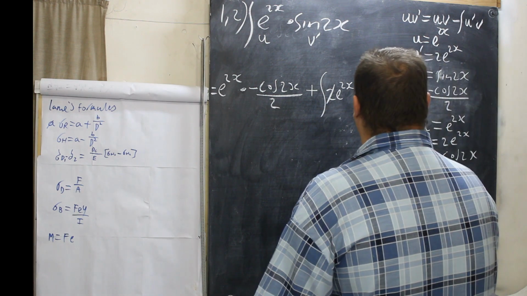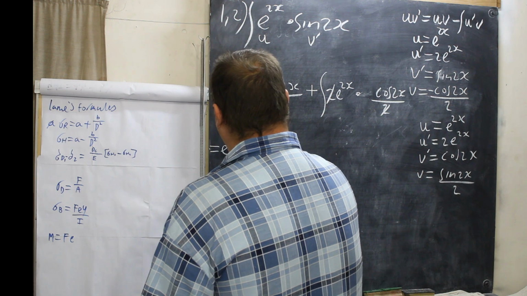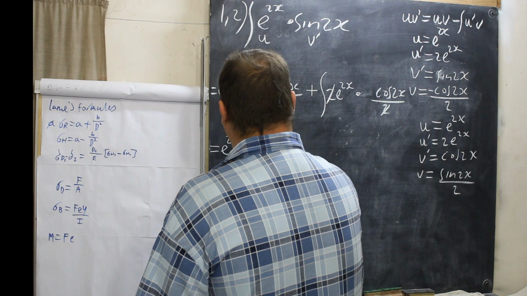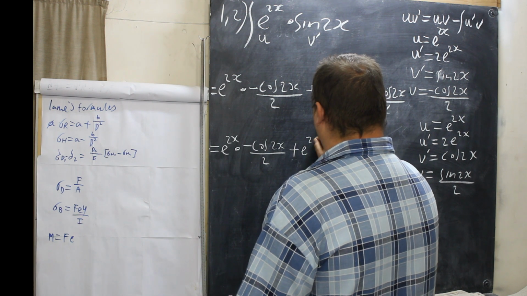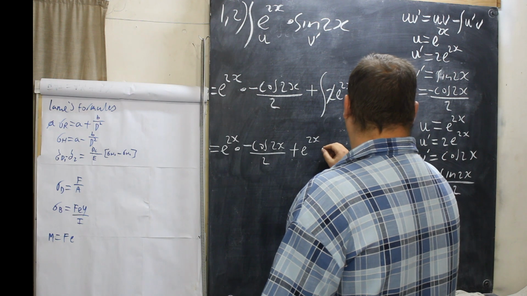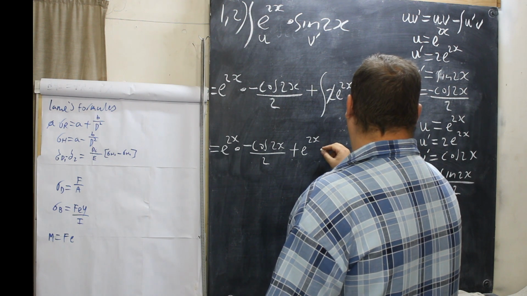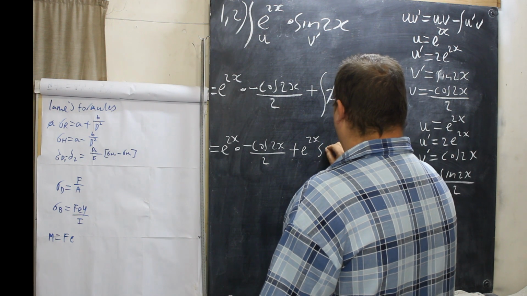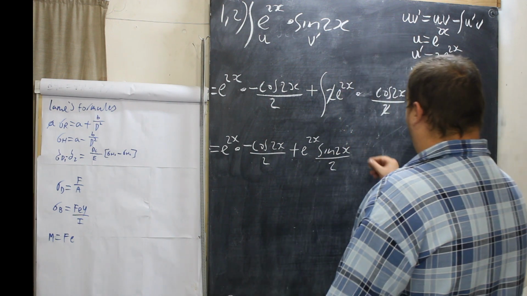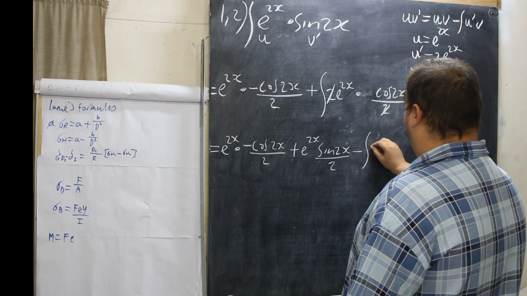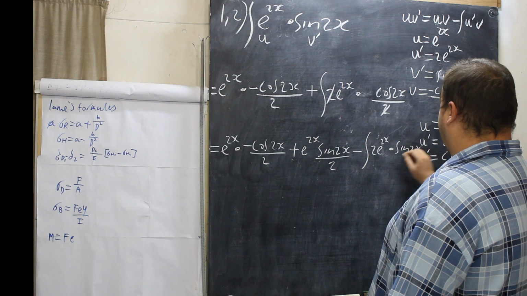Okay, so now we integrate. Now this will be equal to e to the 2x times minus cos 2x over 2 plus e to the 2x, now we've taken the integral of this, so it's e to the 2x sine 2x over 2 minus the integral of 2e to the 2x times sine 2x over 2.